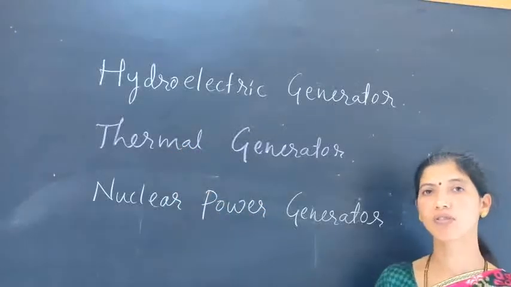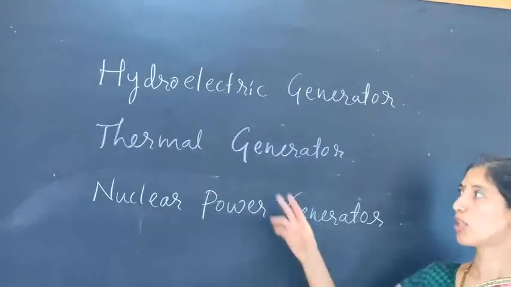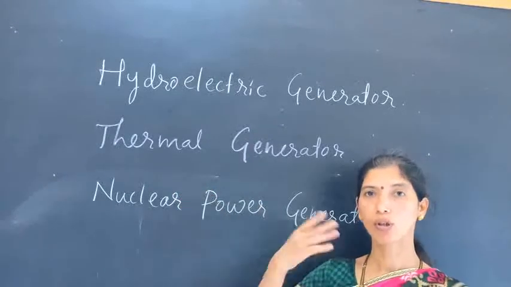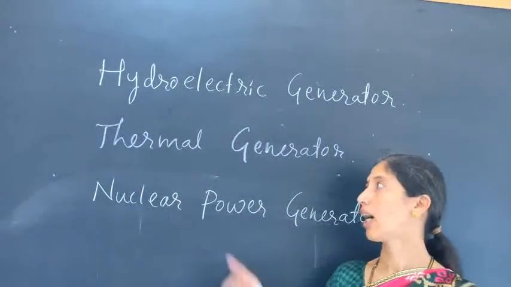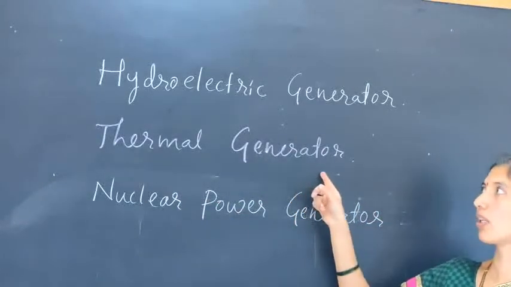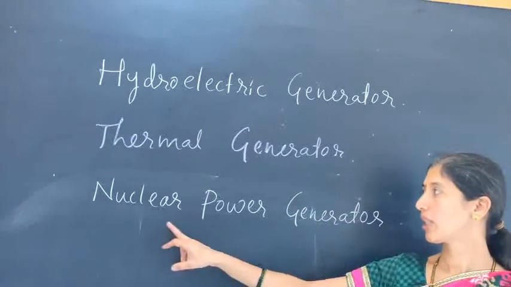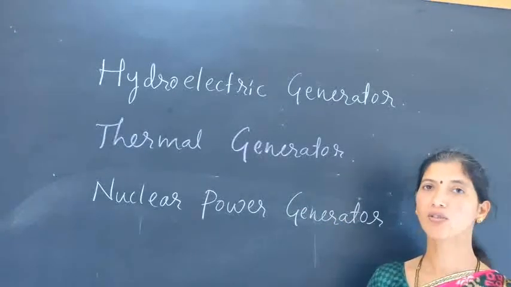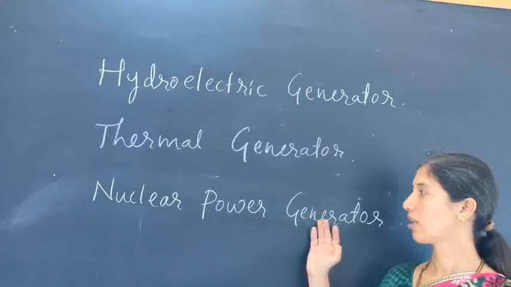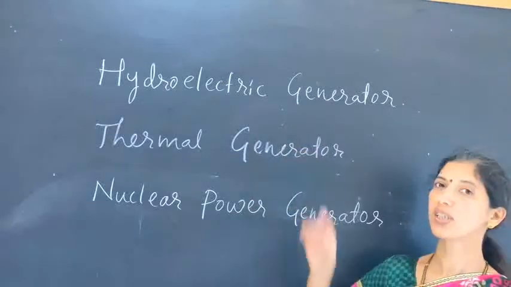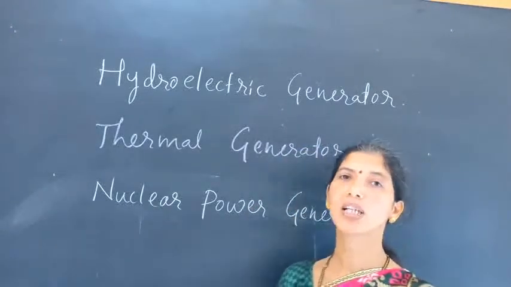Using a different source or coal, steam is produced and that steam is used to rotate the armature, and then the generation of electricity is possible. In case of nuclear power, instead of coal, nuclear fuel is used to generate the electricity. So these are all the different types of generators apart from AC generator.